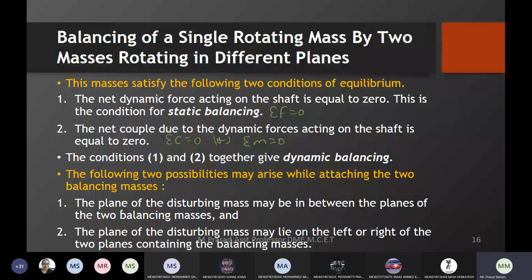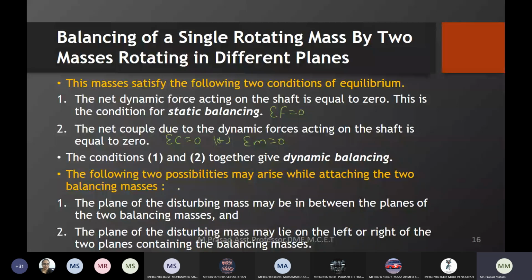The plane of the disturbing mass may be in between the planes of the two balancing masses, or the plane of the disturbing mass may lie on the left or right side of the two planes containing the balancing masses. So the second case can be solved by two methods. Two possibilities are there.